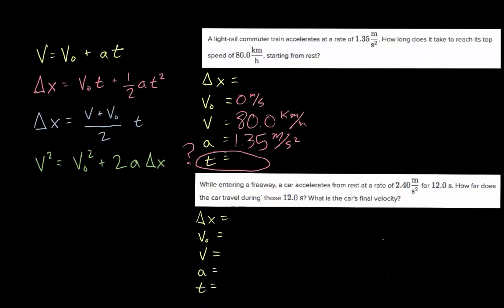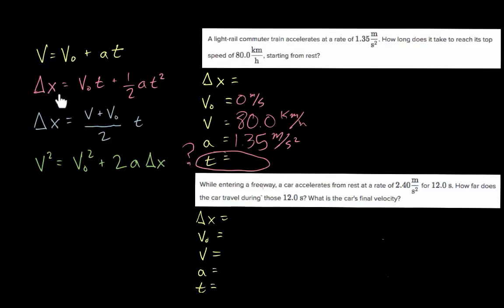Okay, so we have analyzed this question, and we see that actually the change in distance didn't appear anywhere in this question. It's just these four values right here. So let's see if we can look at these equations and identify one that has all of these things and doesn't have delta x, since we don't know delta x and we're not looking for it either.